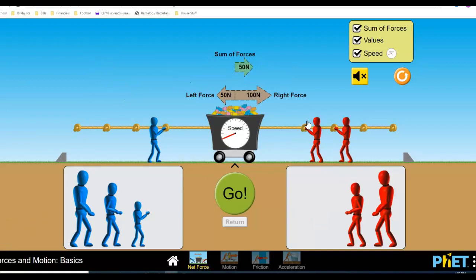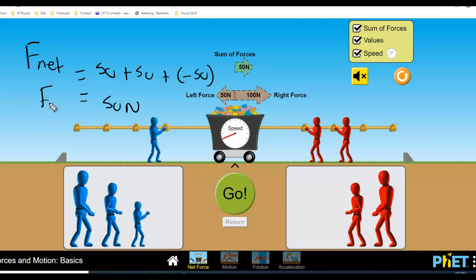Now I've got 3 different forces acting on this cart: 50 newtons to the right, another 50 newtons to the right, plus negative 50 newtons to the left. To find the net force, I add up all of the forces on the object: 50 plus 50 plus negative 50, and that gives me 50 newtons overall. Notice my net force is positive, meaning it's going to the right, so I would say the net force is to the right.